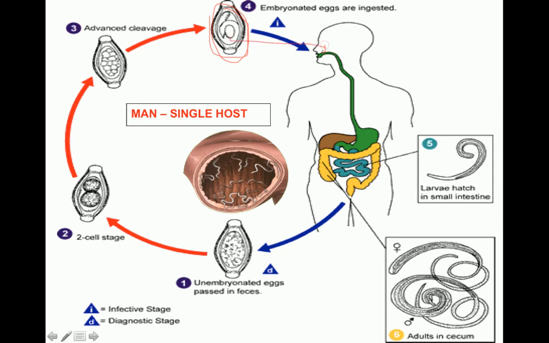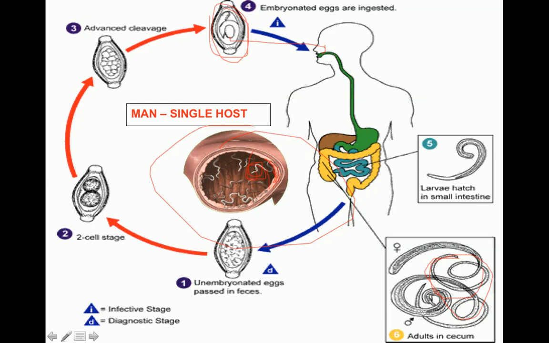They go into the small intestines where the larva hatches out from one of the poles, and this larva is now going to move to the large intestines, where by this anterior end it is going to embed itself. If you look at this part, the anterior end in the large intestines gets embedded in the mucosa of the large intestines, where the posterior portion, which contains the reproductive system, keeps on hanging in the lumen of the intestine.